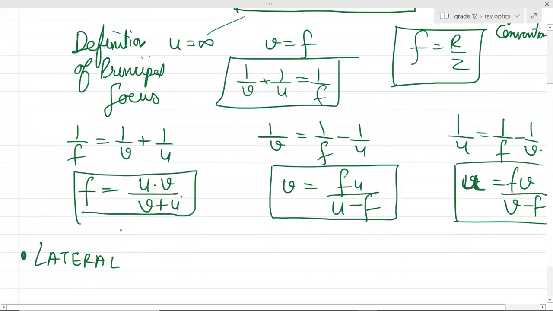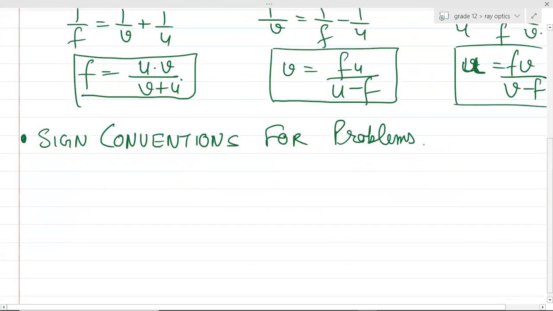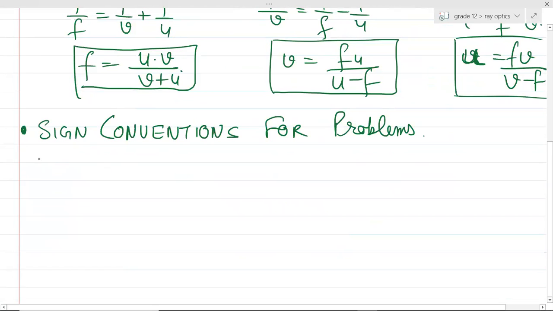Achha, before making you the derivation for lateral magnification, let me tell you the sign conventions. Okay. For numerical problems, we'll use some sign conventions. And what are the sign conventions? We'll not use the grade 10th one. We'll use some of the points of grade 10, but we'll use our own convention, right?